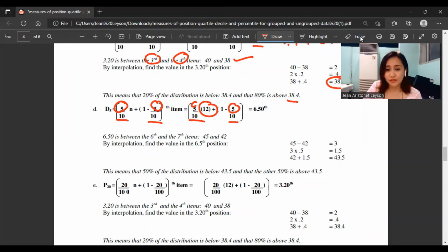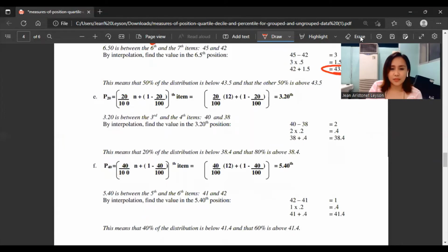So simplifying, that's 6.5, or the 6.50th item or position. So 6.5 is between the sixth and seventh items, 45 and 42. Subtract, that's 3. Multiply 3 with the decimal, 0.5, it's 1.5. Then add 1.5 to the lesser number, which is 42. So that's 43.5.